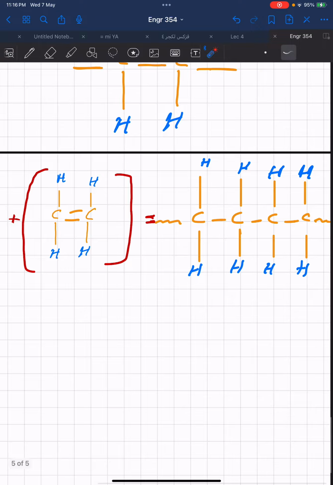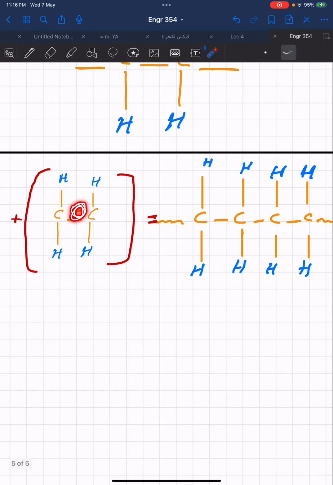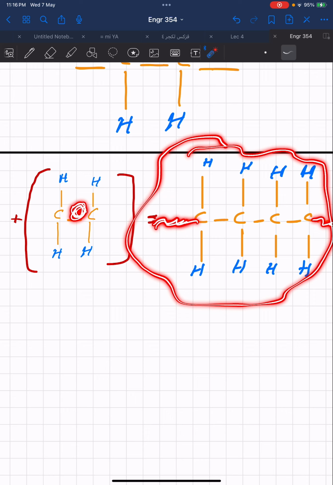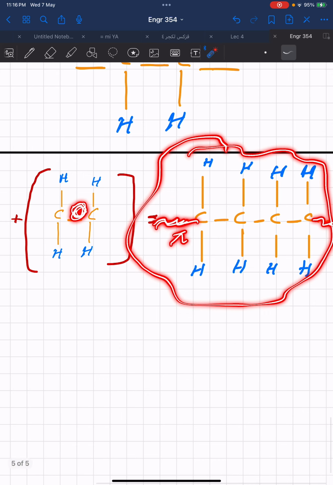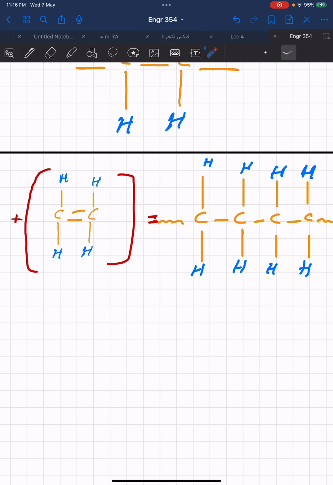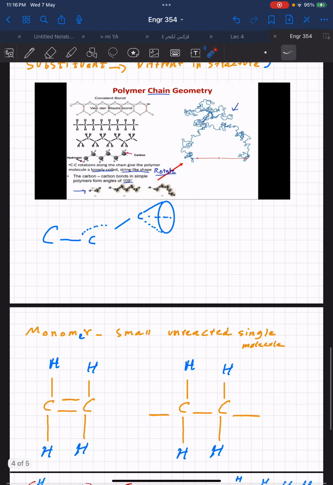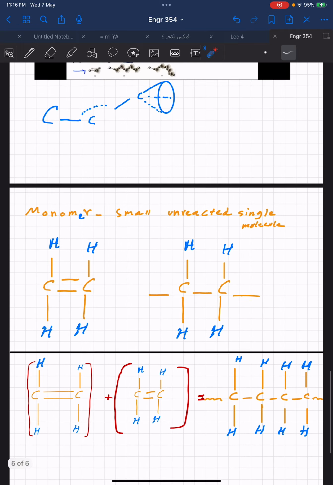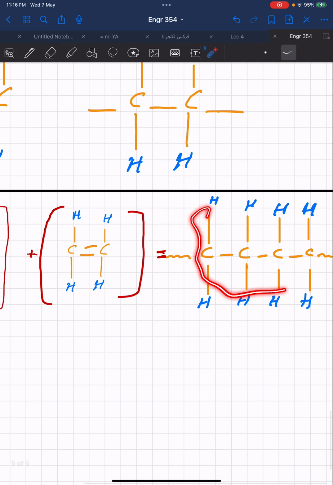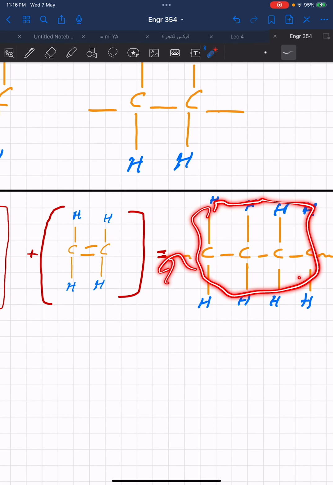So why is it a problem? Because we have one missing bond that is not reacted. That's why we wrote it like this. It's not reacted. So this is a polyethylene with one mer in it. It's not a monomer. A polyethylene, as we mentioned, is a repeated unit of a monomer. Okay, so we have 2 monomers and 1 mer.